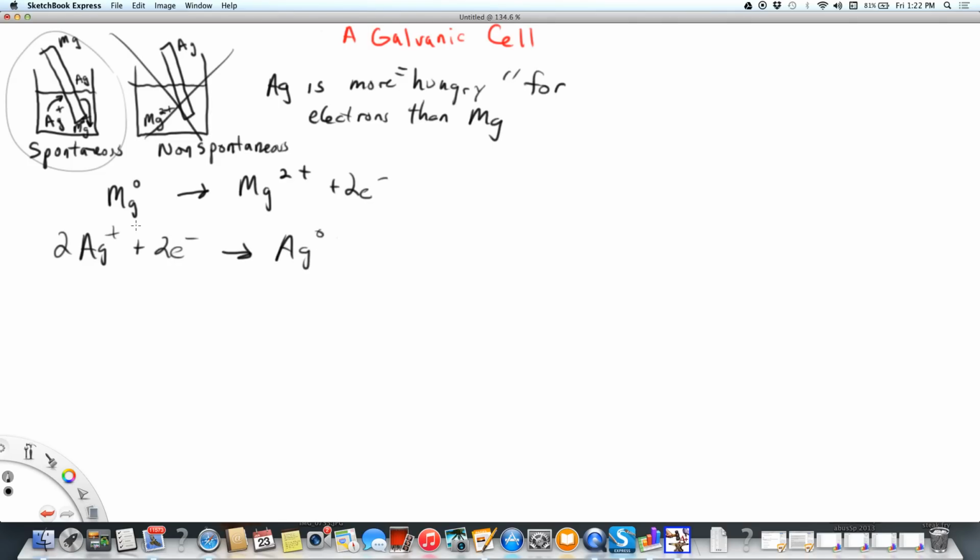And I'll put a 0 on magnesium to show that it's neutral. So here magnesium has lost 2 electrons, we call that oxidation. And silver gains 2 electrons, we call that reduction.